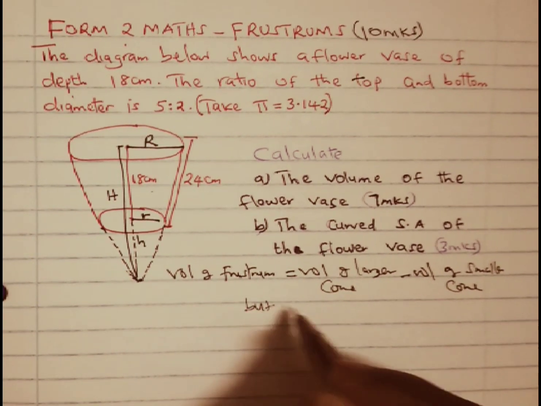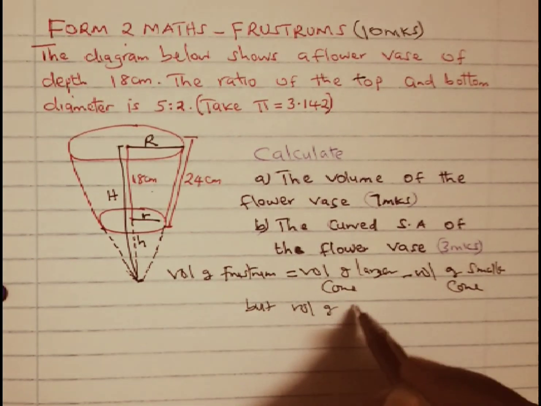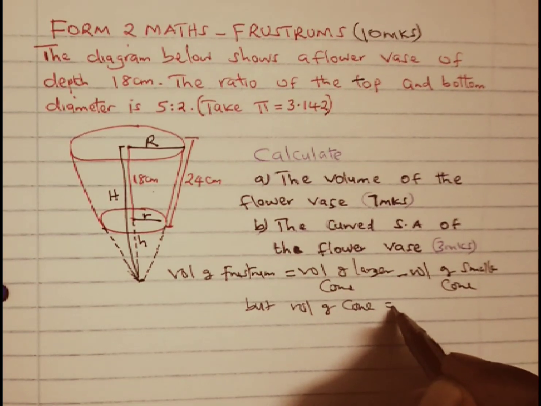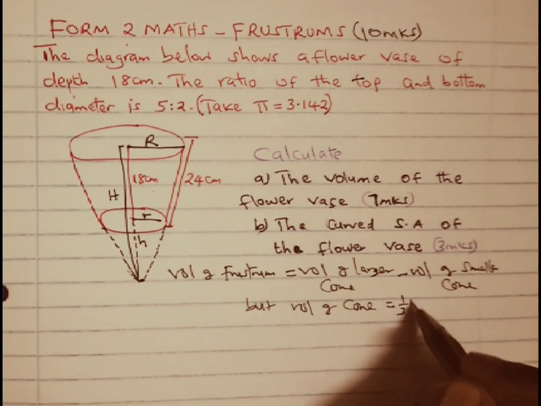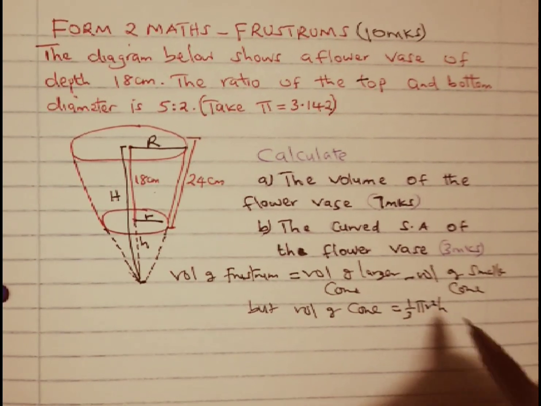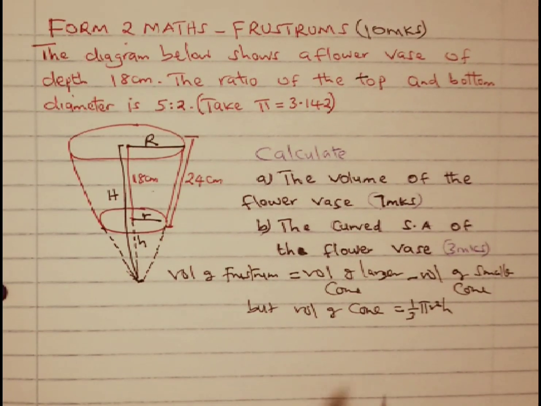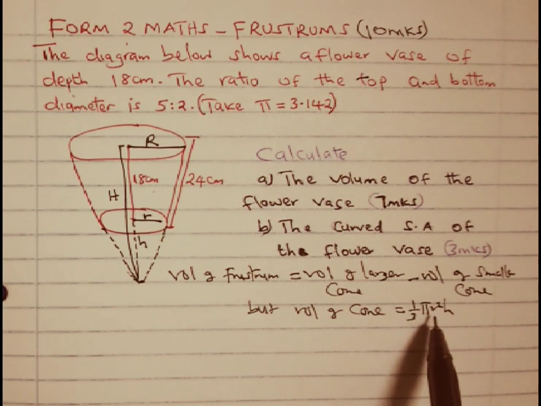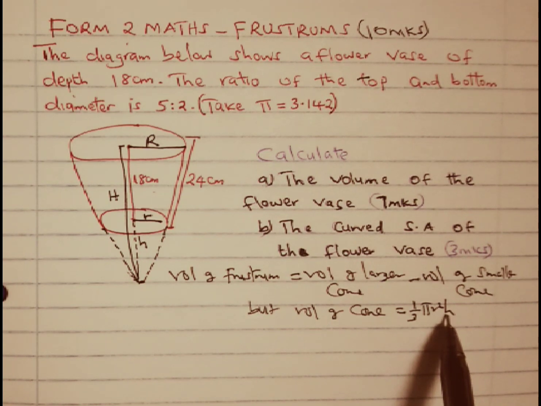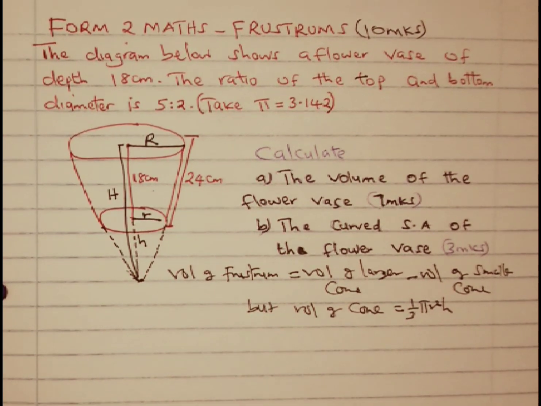But the volume of a cone is given by a third pi r squared h, and therefore for us to get the volume we need the heights and the radii of the given shapes.